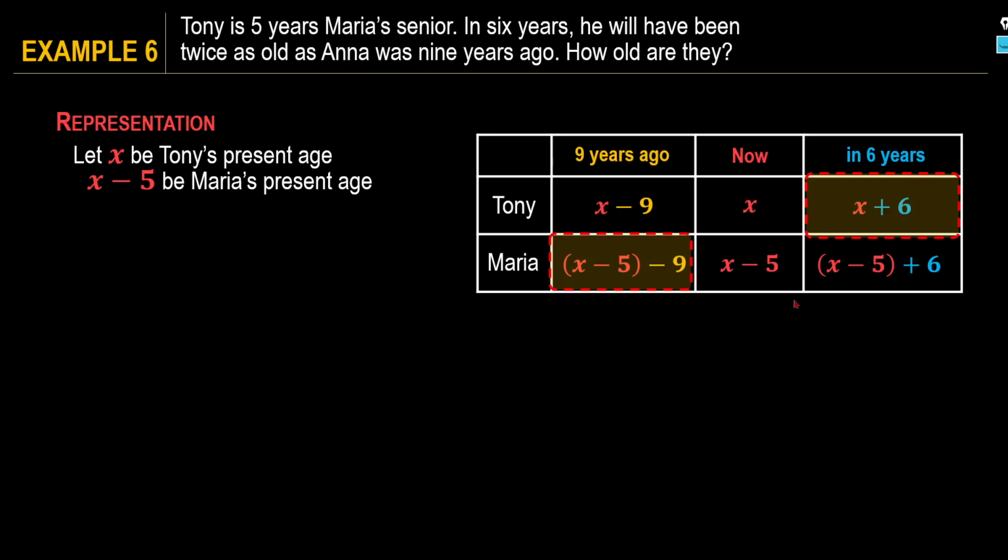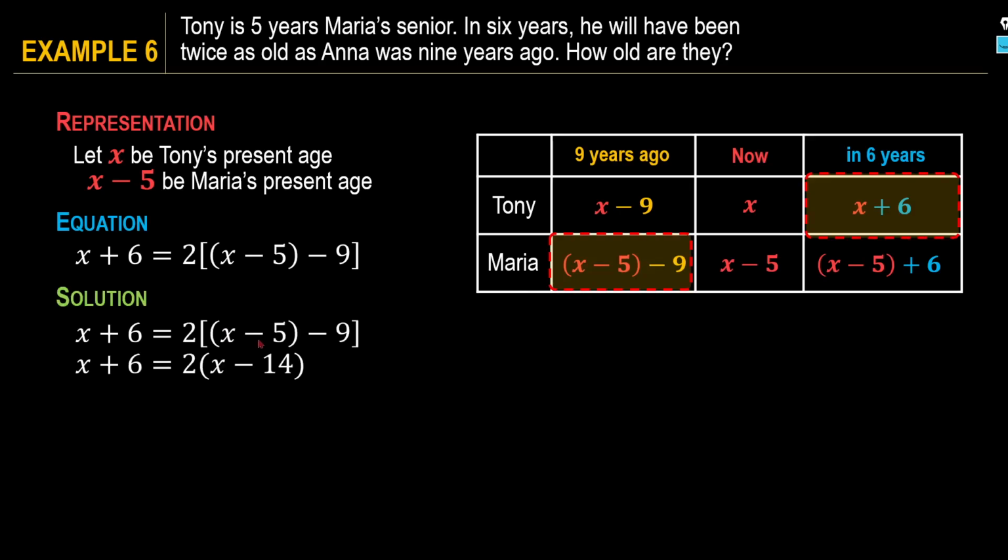Sabi in 6 years, he will have been twice as old. So, yung age daw ni Tony in 6 years, doble ng age ni Maria 9 years ago. That will be my equation right there. x plus 6, Tony's age in 6 years, is twice Maria's age 9 years ago. Si Tony and Maria yan sa West Side Story.